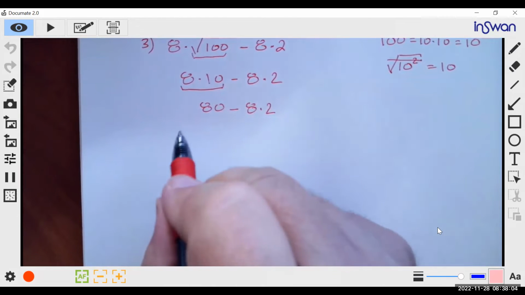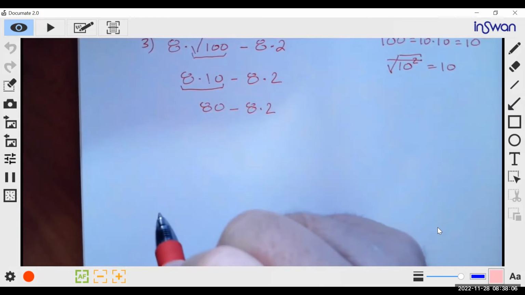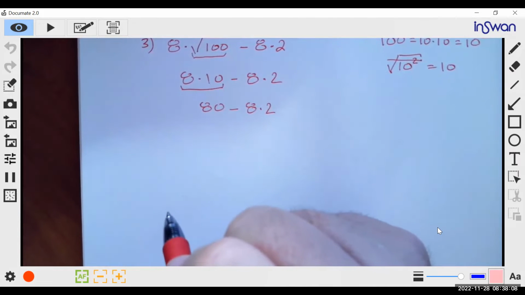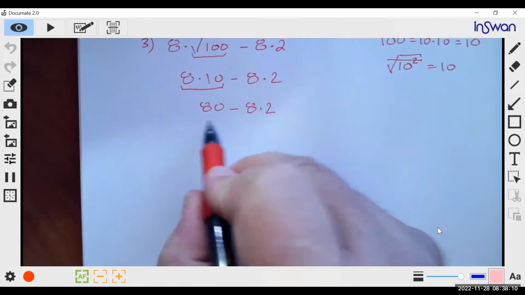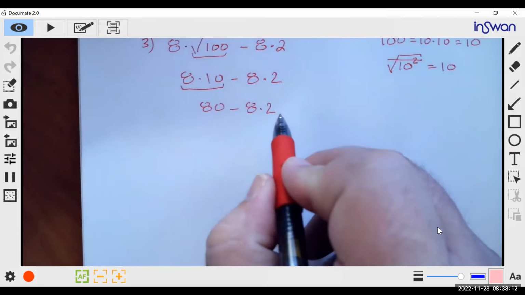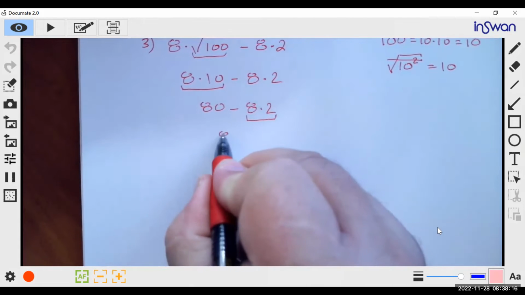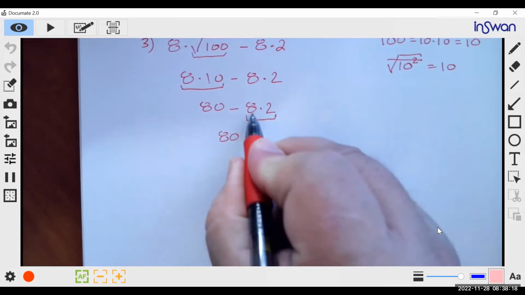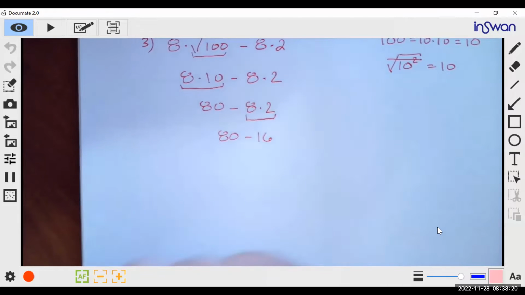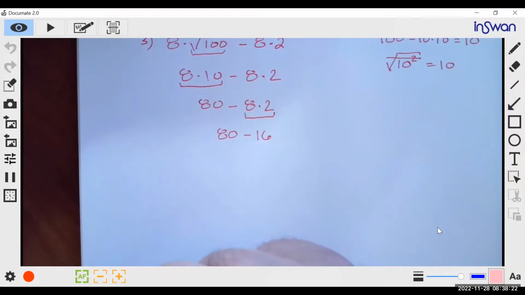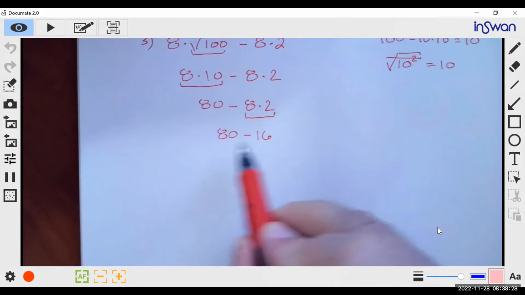Repeat the process. Are there any special operations? No. Are there any multiplication divisions? Reading left to right, yeah, here's a multiplication right here. 8 times 2 is 16. Repeat the process. Any special operations?